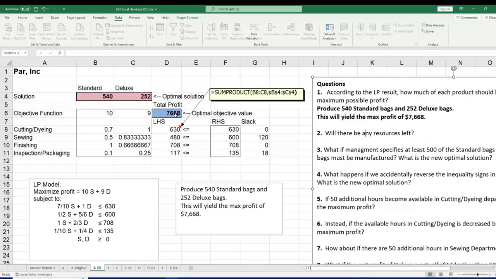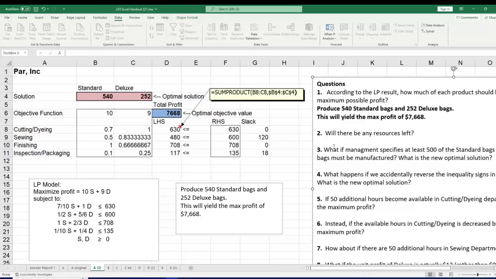Remember, the slack represents a leftover resource, because all these constraints represent resources. So we can just look at the slack to answer this question. Cutting and dyeing, no resource left. Sewing, yes, there's 120 hours left. Finishing, no. Inspection and packaging, yes, there's 18 hours left. So that's what I would state.